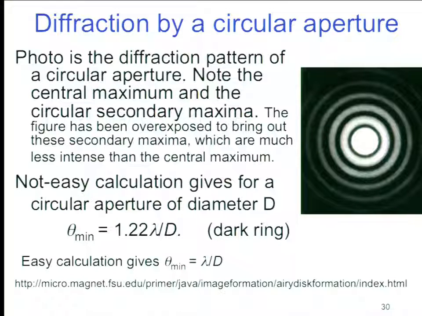Now, so that's for a slit. But if you have a circle, what you might think of is the slit being sort of closed down around it, like that. So previously it was like that. Well, now I'm closing it all over. And the formula changes just a little bit.